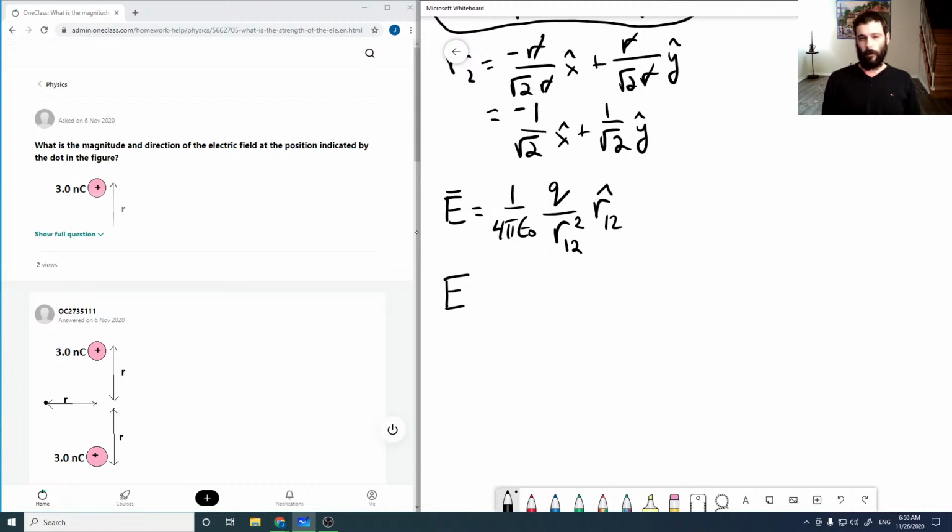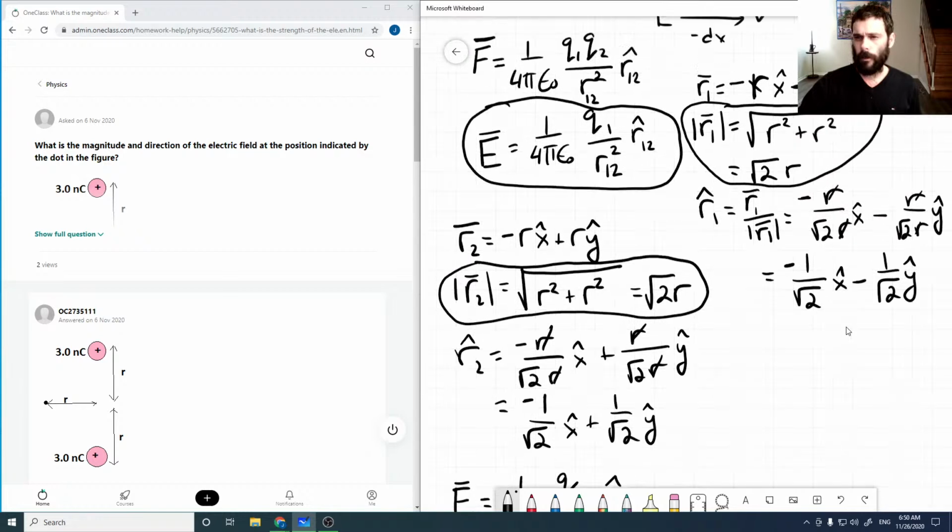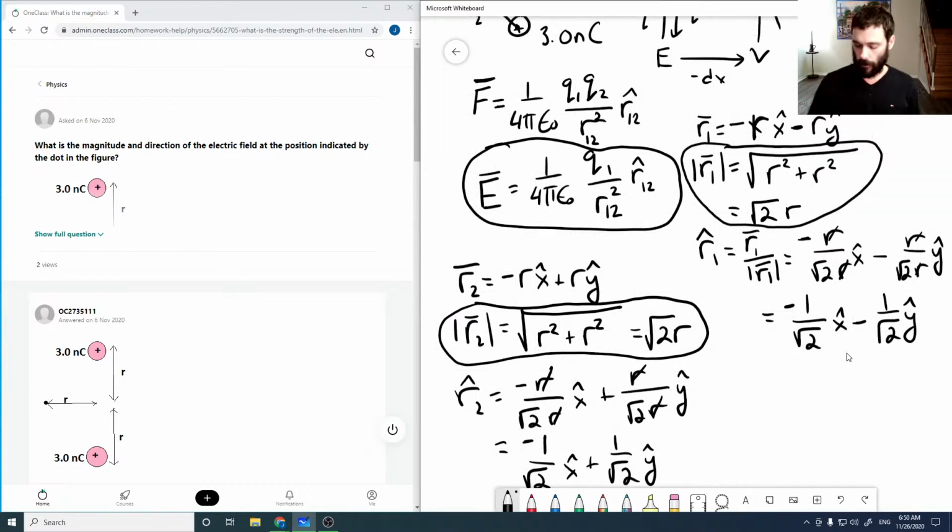So we're going to have an E1, and that's going to be 1 over 4 pi epsilon naught. The charge is 3 nanocoulombs. The R vector is just the magnitude, which, if we look, our R1 is just root 2R.